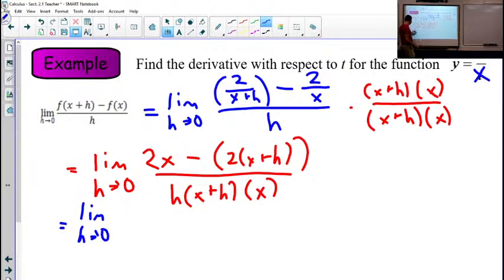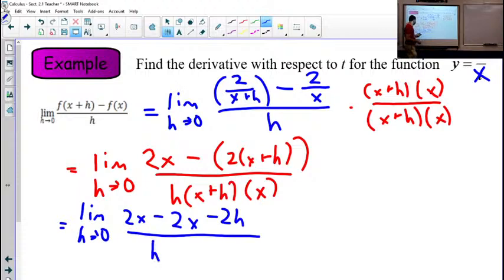The limit as h approaches 0 of, we have 2x minus 2x minus 2h, over h times x plus h times x.